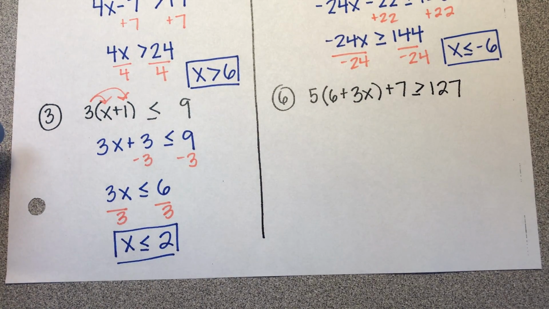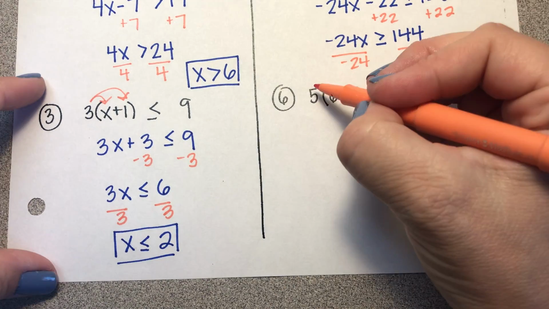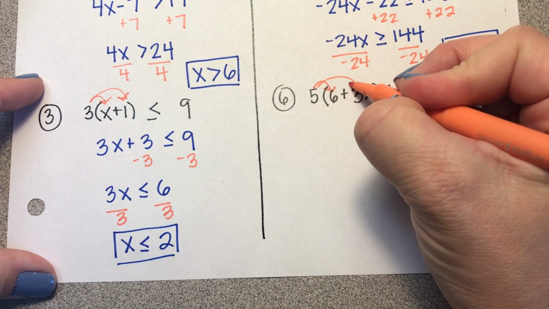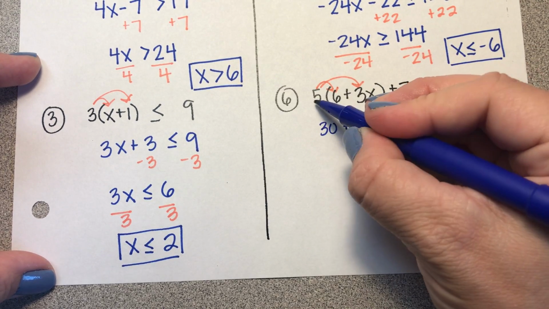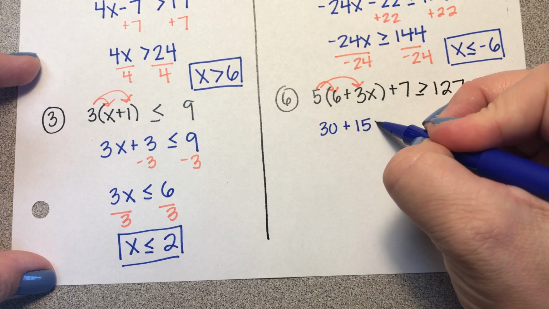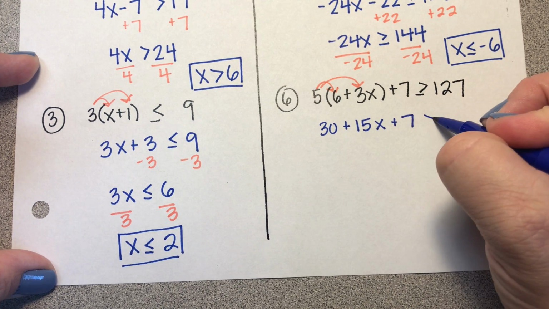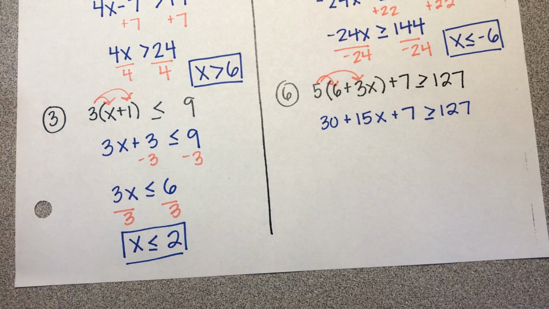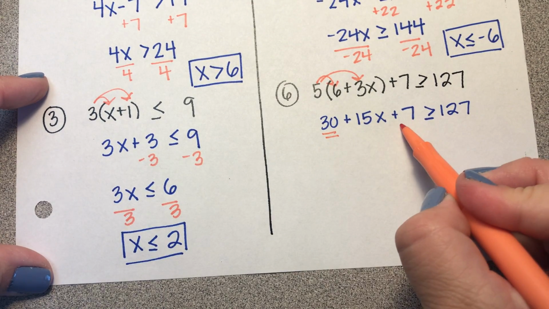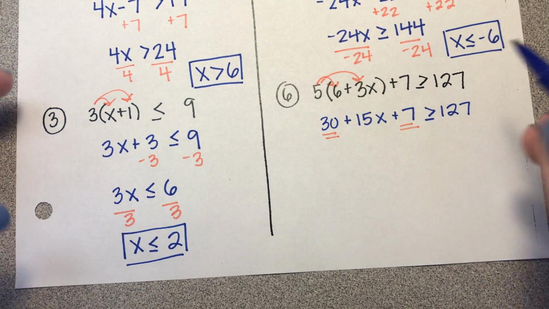And then number 6, distributive property first. 5 times 6 is 30, plus 5 times 3x is 15x plus 7 is greater than or equal to 127. So what like terms should you have put together? 30 and 7.